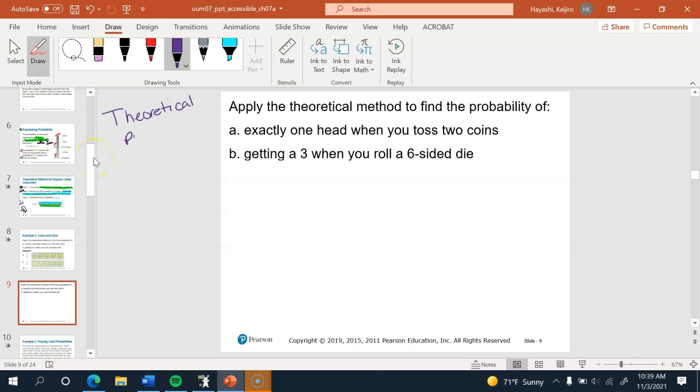These are theoretical probabilities. And we're just creating these probabilities in our minds under some assumptions. They're fair assumptions to make, but they are assumptions. Certain assumptions of fairness.